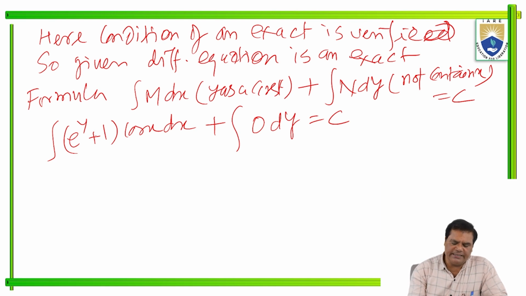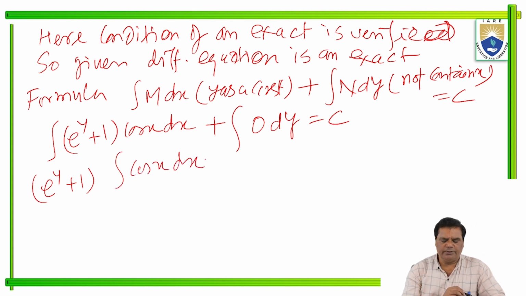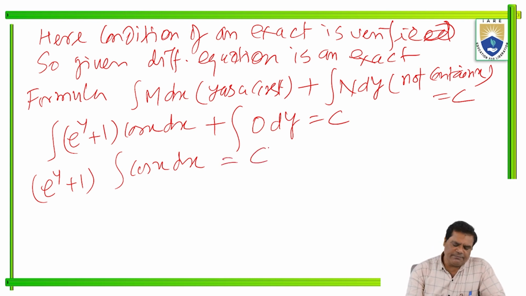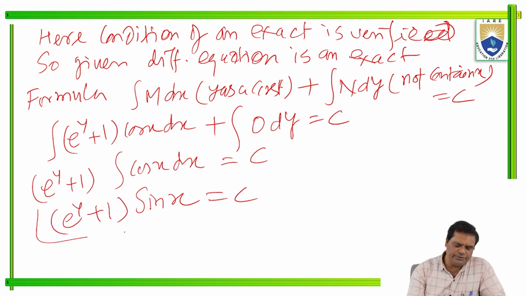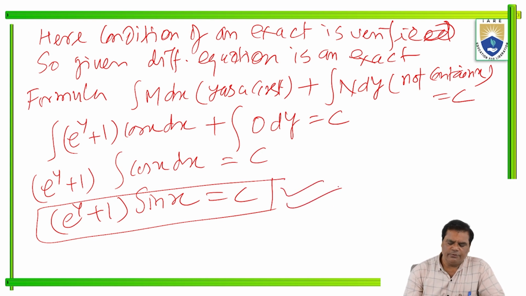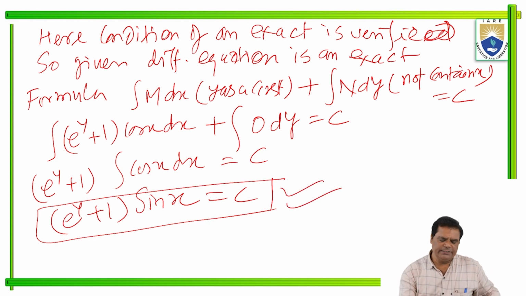Here, y is a constant, so e to the power y plus 1 is taken out, and integration of cos x dx equal to c. Integration of cos x is sin x, so e to the power y plus 1 times sin x equals constant. This is the solution of the differential equation. Integration of cos x is sin x. Integration of sin x is minus cos x.